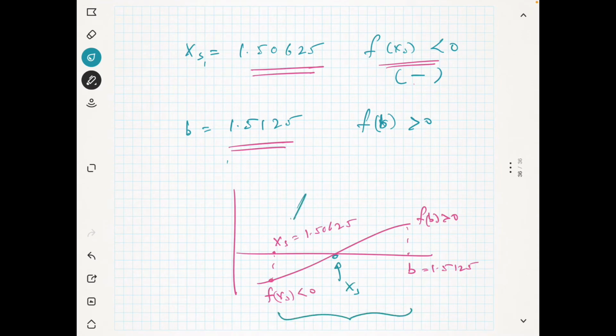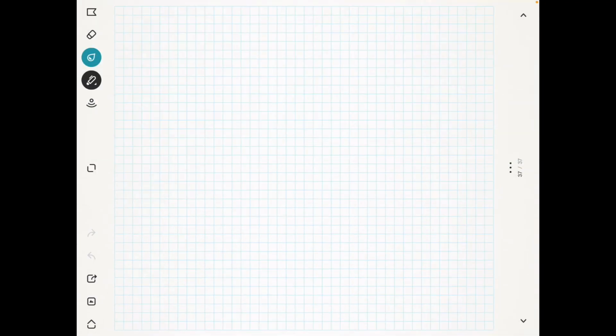So what is the first value? The first value will be x's, because this is the small number. And what about b? This becomes the large number. So first I will write the x's, after that I will write my b.